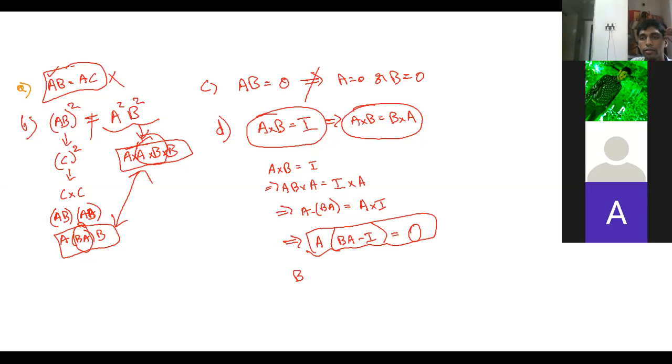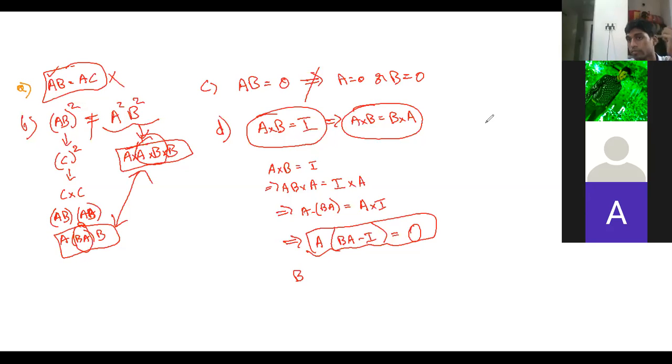Why now you're telling cancel? You're telling cancel until BA is equal to I. Yes, that is not always allowed. That is the thing. If AB is null matrix, right? Anyone else has any idea?